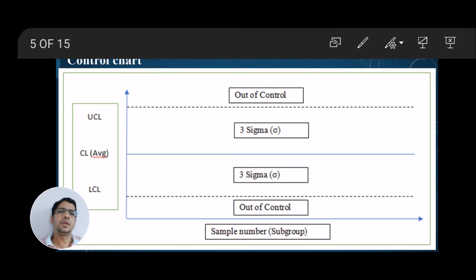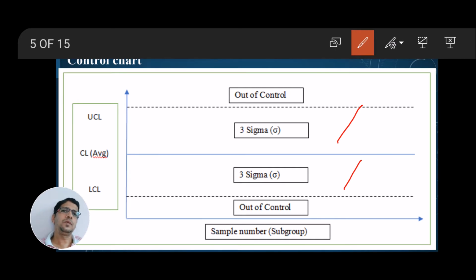If our observed values fall in this particular region or in this particular region, then we say that the given process is having a variation only because of chance causes.